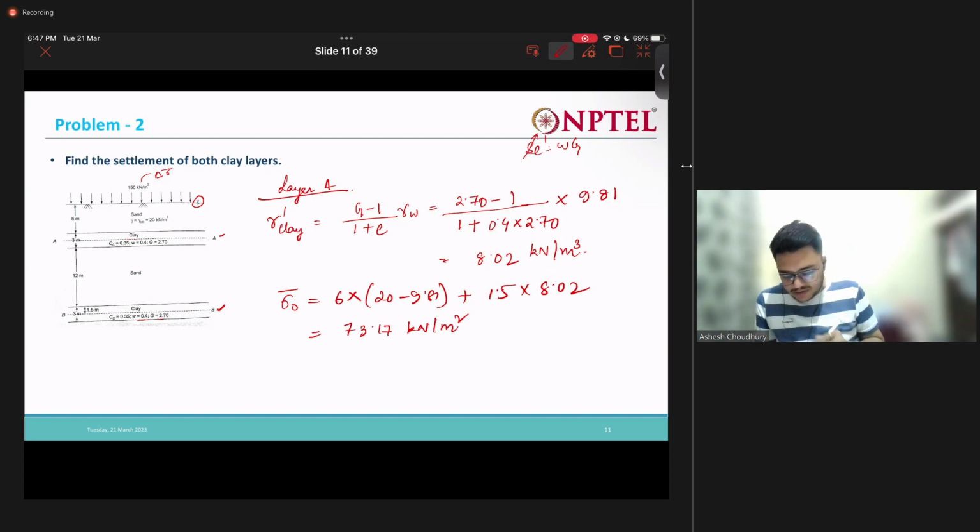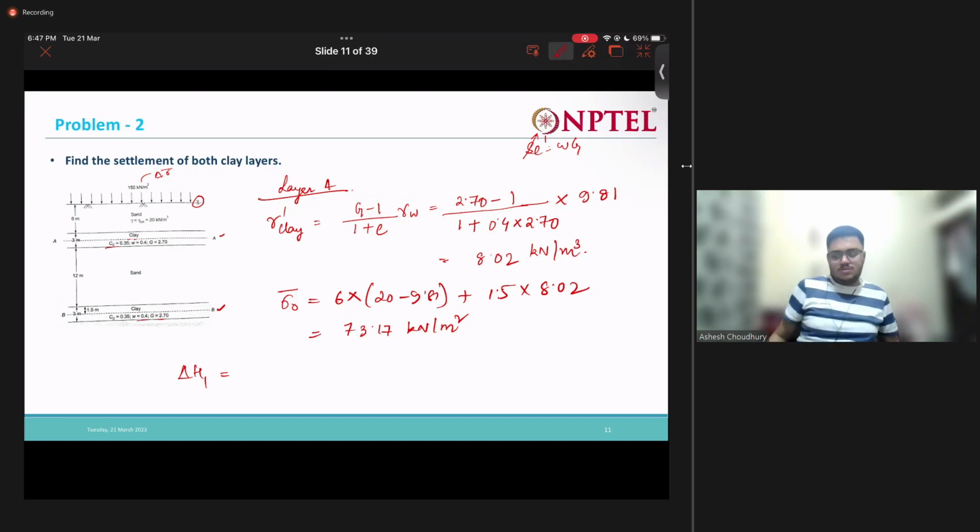The Cc value is given to us, so now we can easily calculate the settlement. What was the formula for settlement calculation?